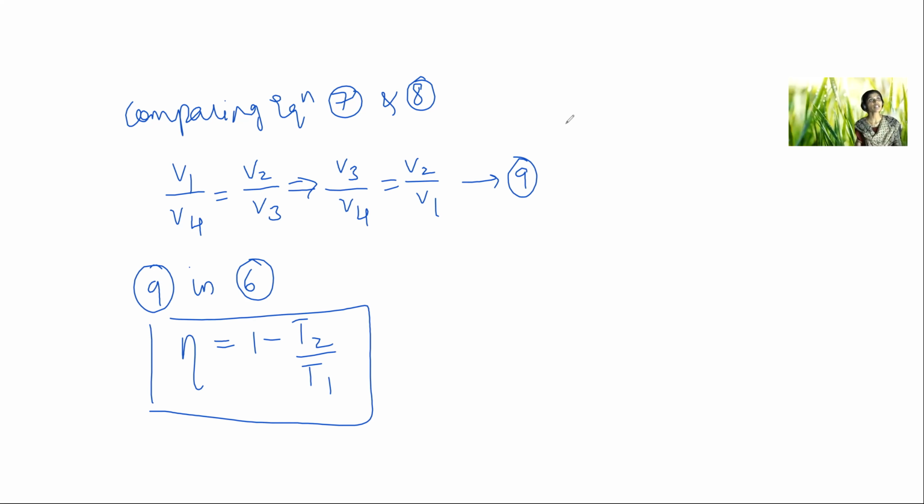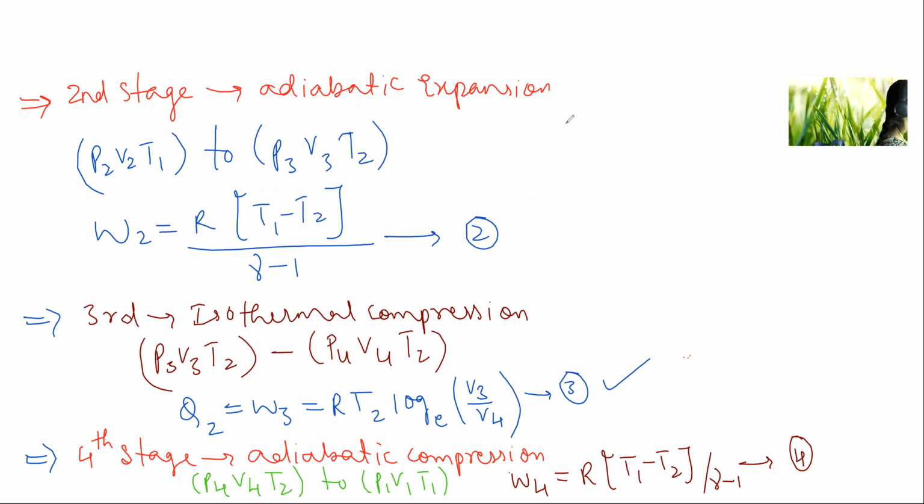This seems a little lengthy, but it is very easy if you understand. So first, what we are going to show here is that efficiency eta is equal to 1 minus T2 by T1. The second stage, adiabatic process, is mathematically represented as taking place from P2 V2 T1 to P3 V3 T2. That is, temperature goes from T1 to T2, pressure P2 becomes P3, and V2 becomes V3. This can also be shown graphically.